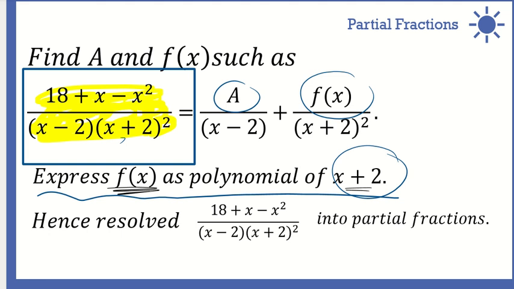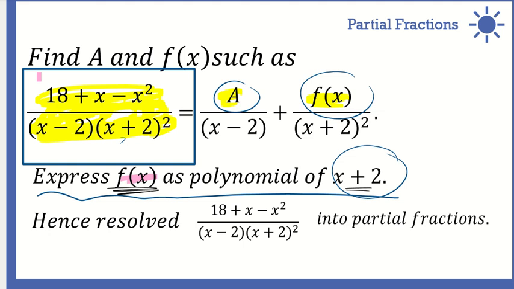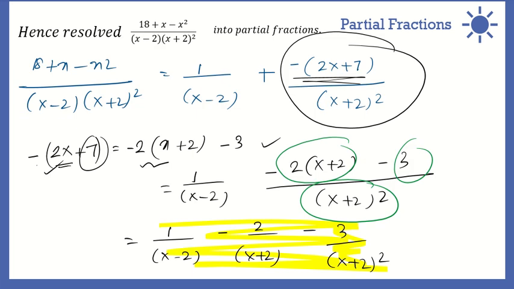That's why we first found A and f(x), then found f(x) using x plus 2, and only then moved to the final part to get the total partial fraction.